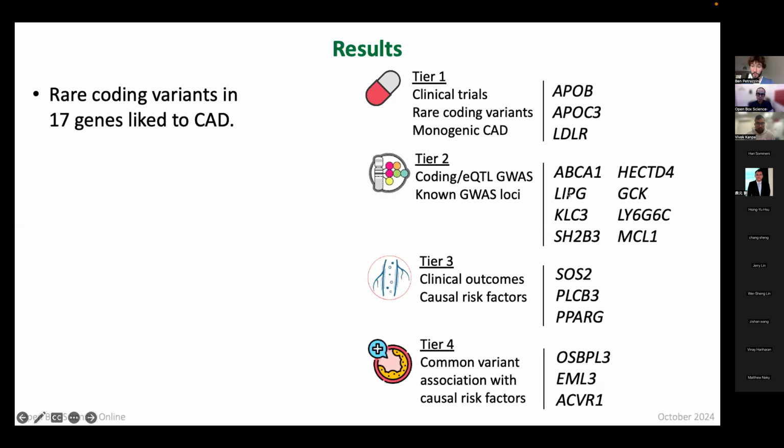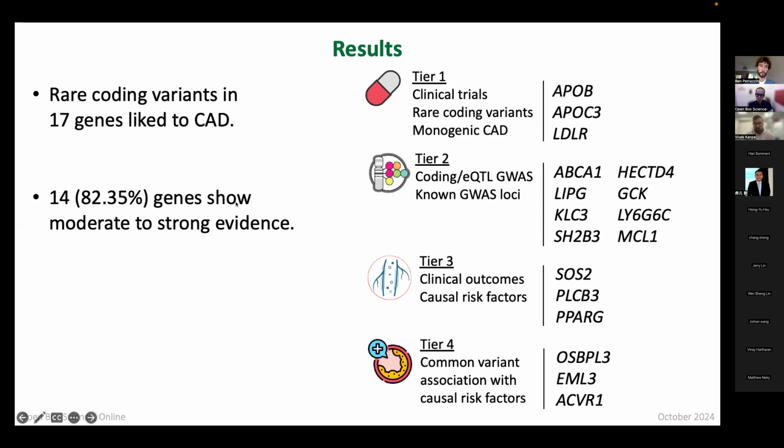And LIPG, this is a very controversial gene in CAD. There are papers showing that it does increase HDL cholesterol, but has no effect on CAD onset itself. So a lot of things to unpack here. And then ApoB, ApoC3, and LDLR are just very well-known gold standard genes for CAD.